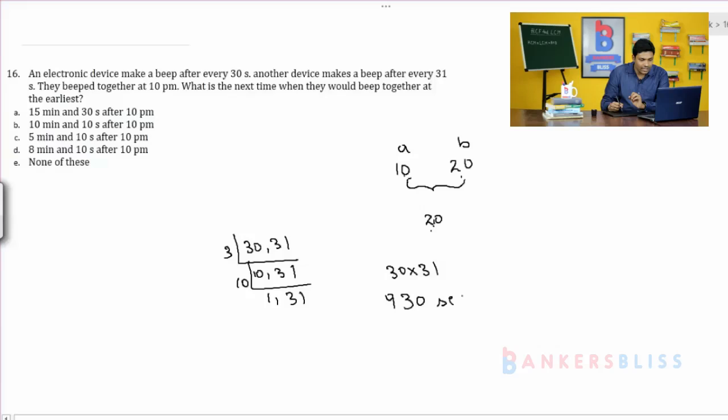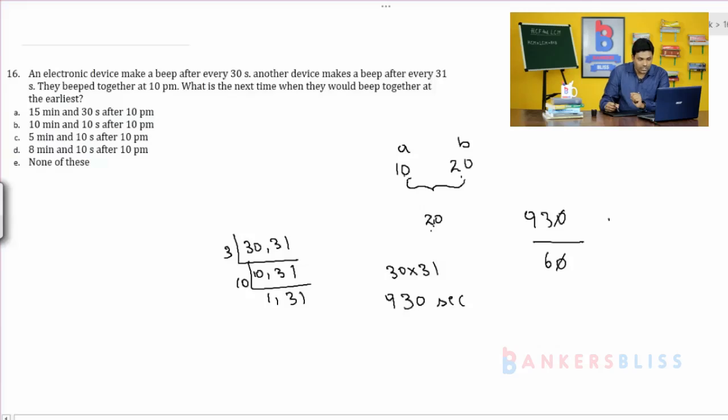So after 930 seconds it is going to beep again. But they are asking in terms of minutes and seconds. So 930 seconds, if you want to check in minutes, it means 930 divided by 60. 0, 0 cancel.